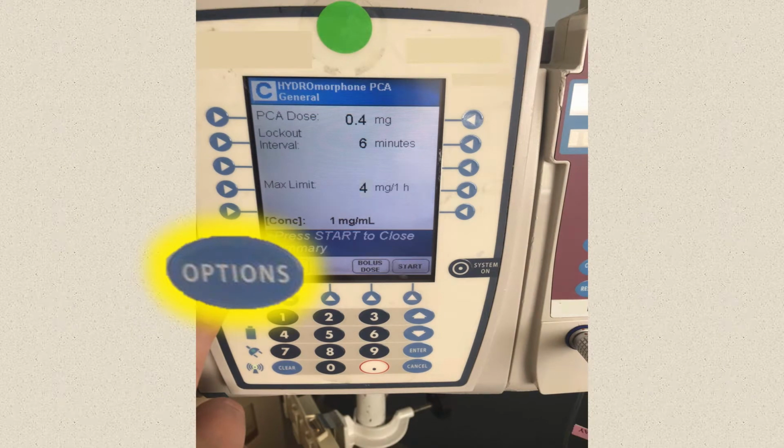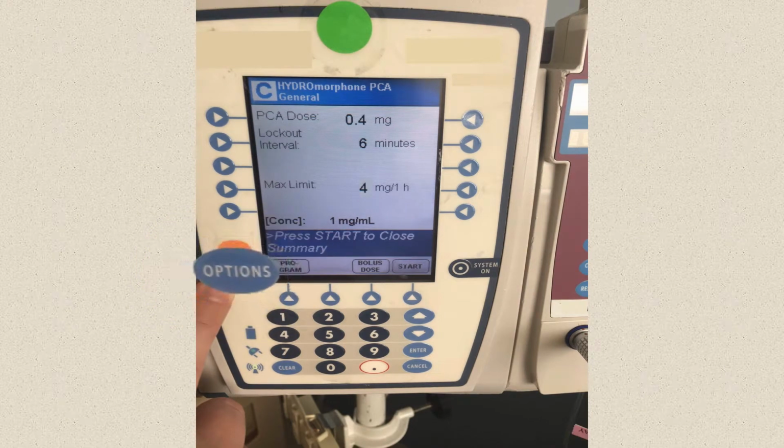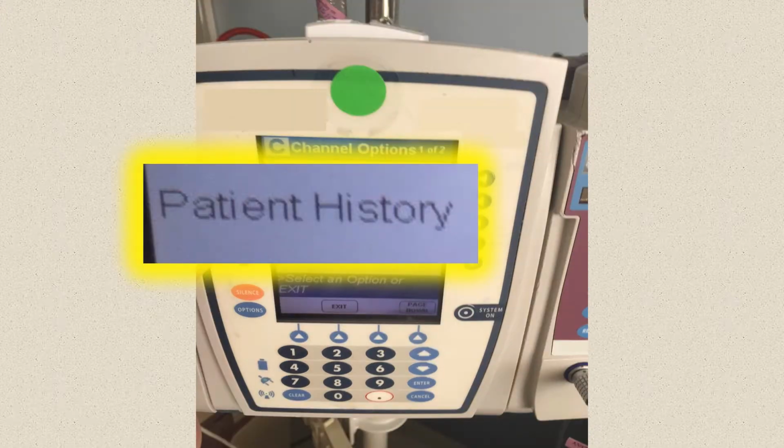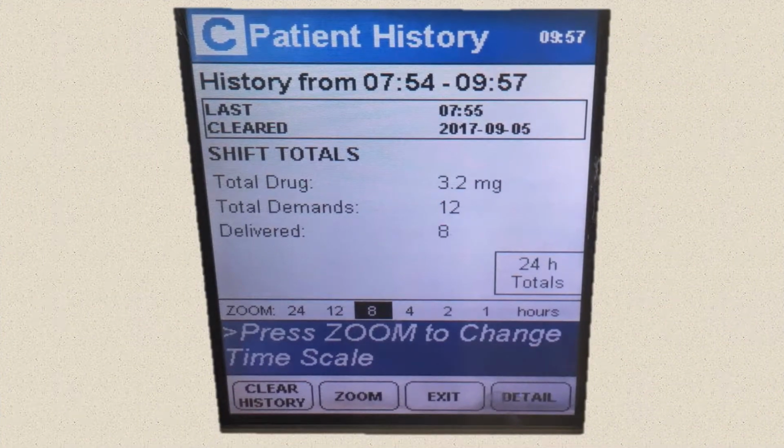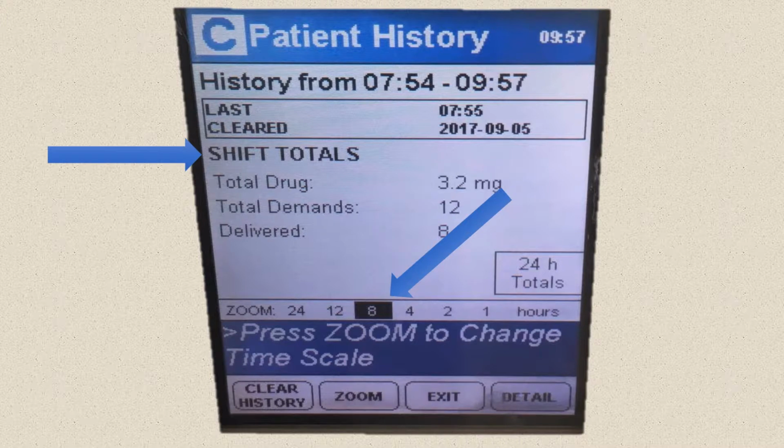Next, you want to push the Options button here. Then push the button next to Patient History here. The screen defaults to what is called shift totals and for the 8-hour time period.